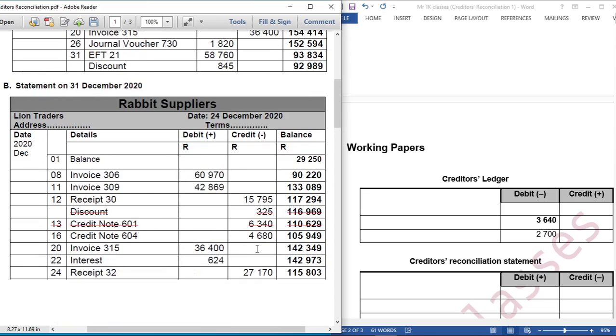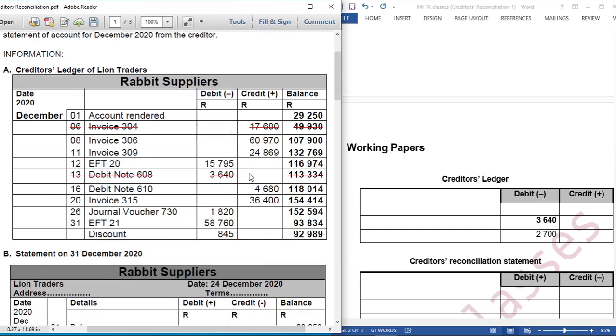This is a return. We know that a return should decrease the outstanding amount, so on the statement, this is correct. Then when it comes to this one, a return should decrease the outstanding amount, but it is rather increasing it.